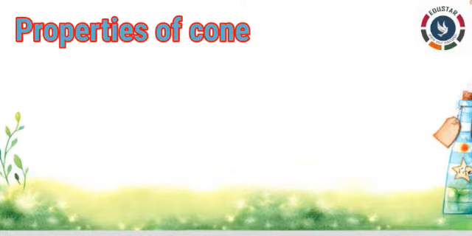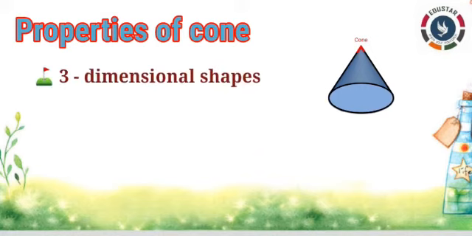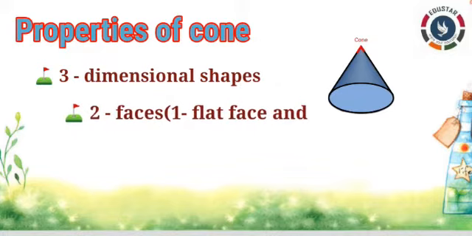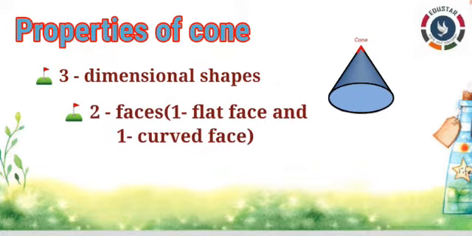Properties of cone. A three-dimensional shape with a circle at its base and a pointed vertex. A cone has two faces, one flat face and one curved face.